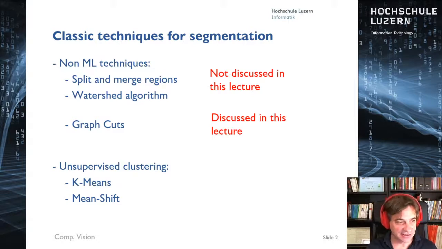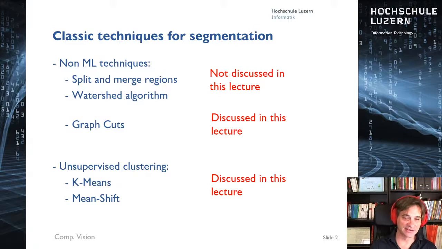First, we look at some techniques that come from unsupervised machine learning, like k-means and mean shift, which we will do next.